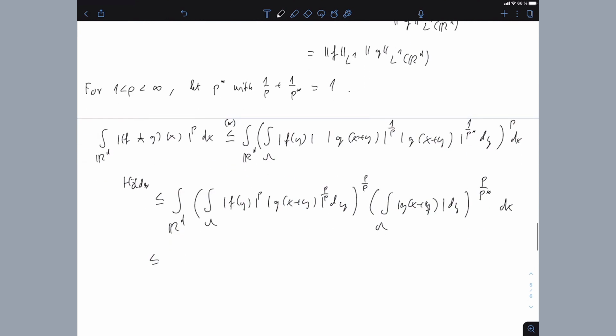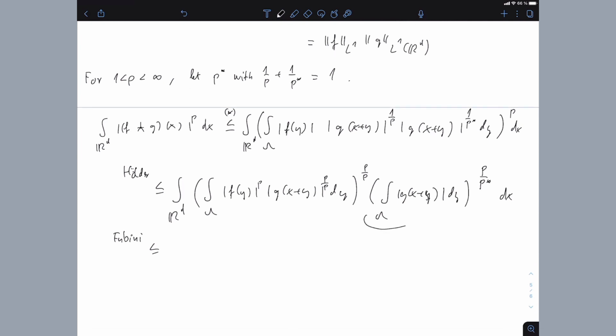And then again, I can use Fubini to reorder the integrals. First realizing that this here is smaller or equal than the L^p norm of g to the p divided by p star. Yeah, so that means this integral here I can take out.